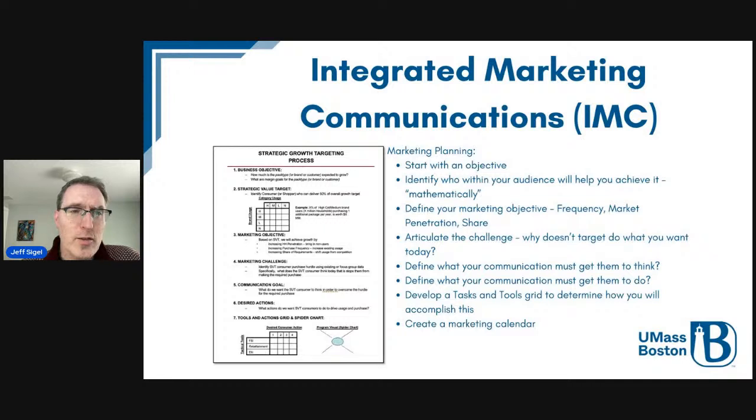So it turned out that what was mathematically a good potential communication target was actually not really a good target, because the barrier that we needed to overcome, that their kids had left the house, wasn't something Oreo could fix. I can't make the kids go back to the house, right?